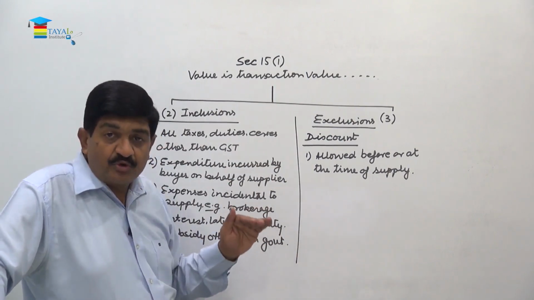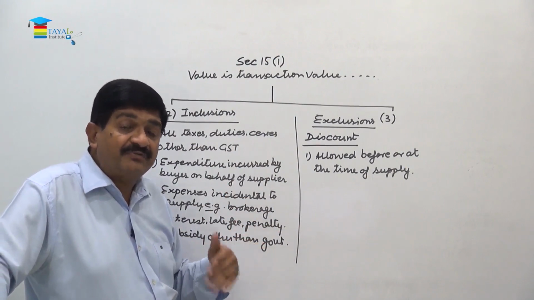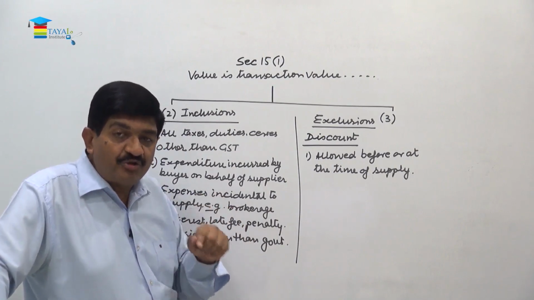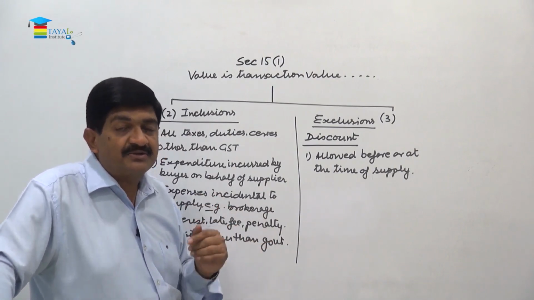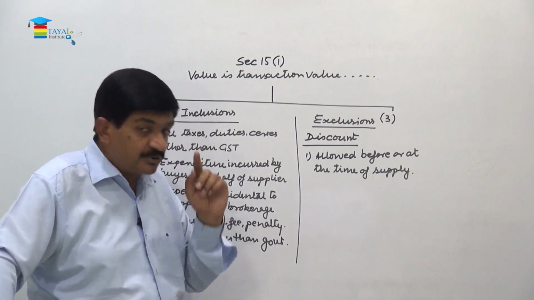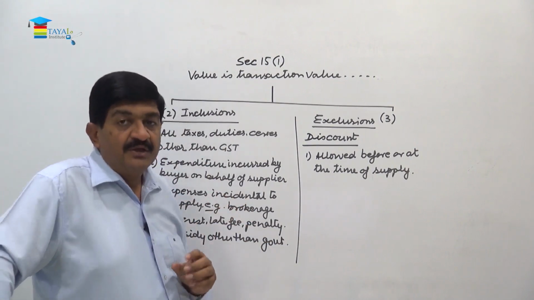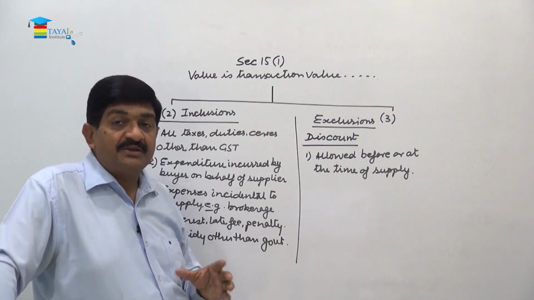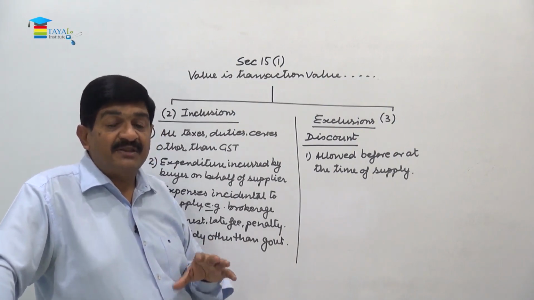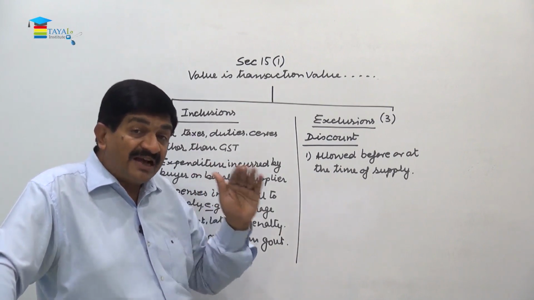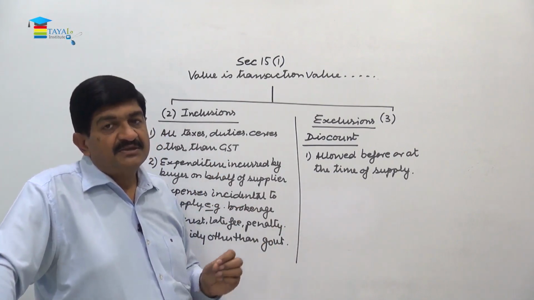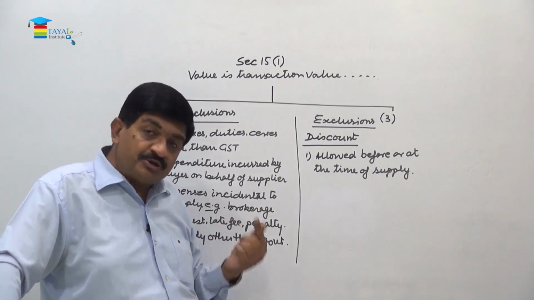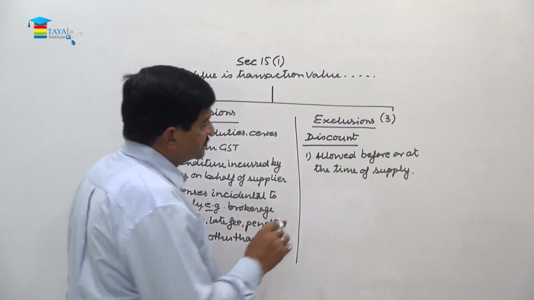Now another discount is also there which may be allowed actually after the removal, but it is already known initially that this may be allowed later, so that will also be deductible. So there is already a contract. So when the manufacturers give a scheme to the wholesalers, distributor, that if they buy a certain quantity of the goods over a certain period of time, then they are entitled for additional discount, then that will come where the supply is subject to further discount, subject to fulfillment of condition. So that is also allowed to be deducted.